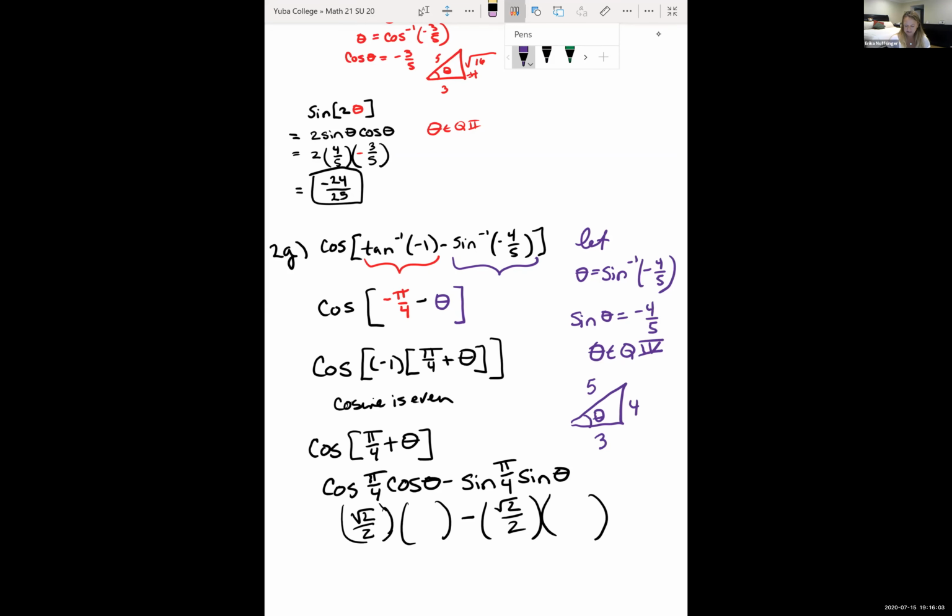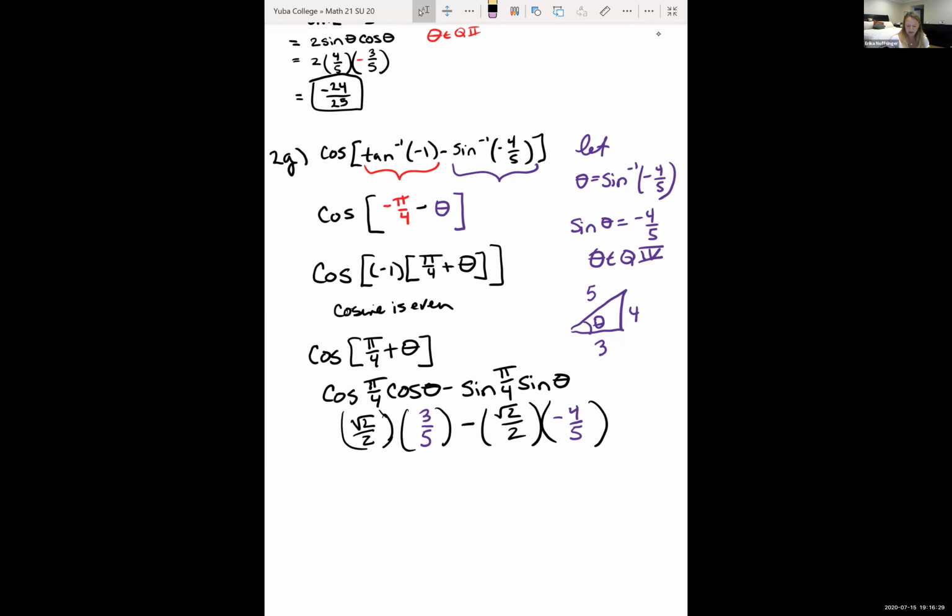Cosine of theta is adjacent over hypotenuse, which is 3/5. You have to determine positive or negative. Cosine is positive in quadrant 4. And then sine theta, we were actually given that up here, -4/5.